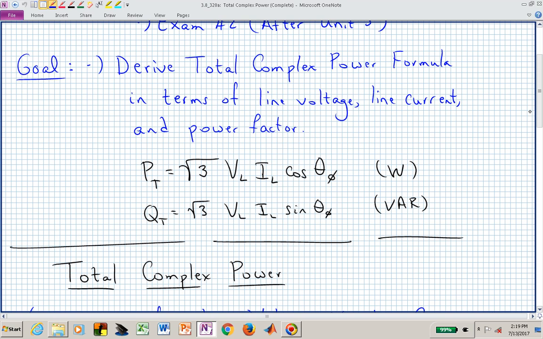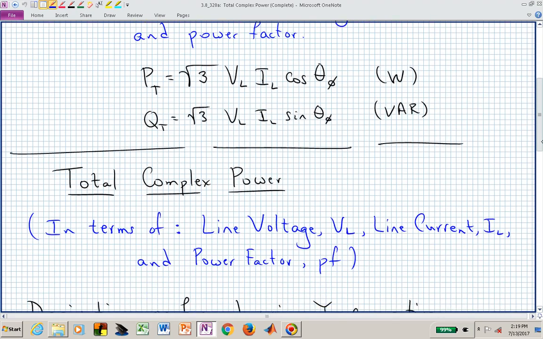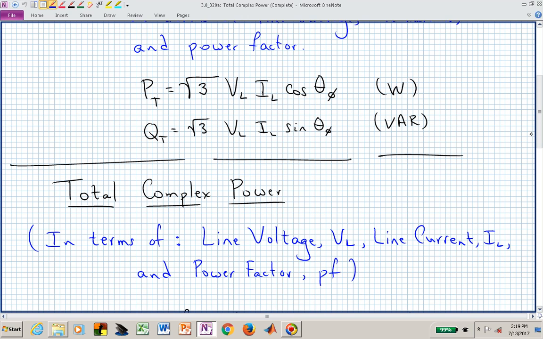Let's now derive these formulas for the total complex power. And by the total, I mean all three phases contributing to the total of the complex power. So we're assuming we want all three phases added up.